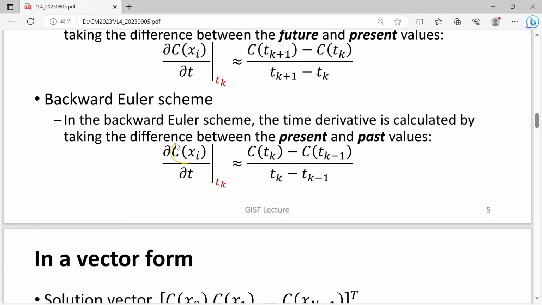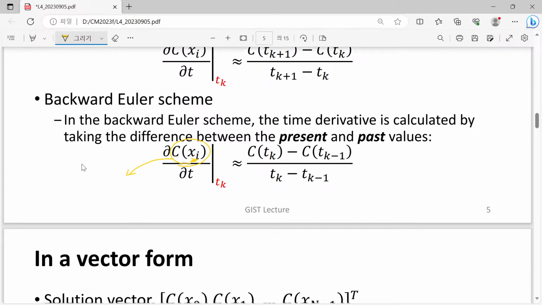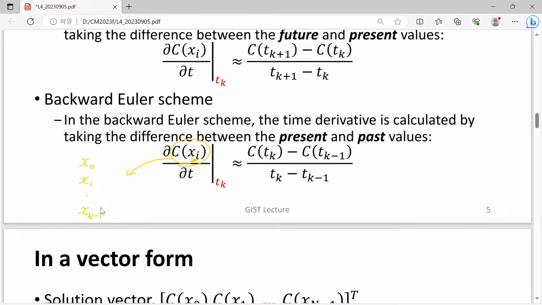But you know, this is a time derivative at a certain point, x sub i. Here x sub i can be x0, x1, up to x sub n minus 1. So in the discretized form, we have to sample them at these points and make a vector.